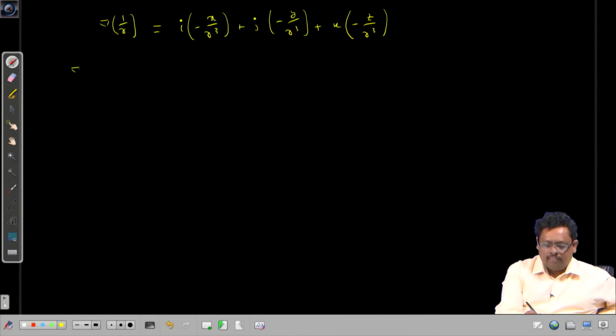So, del square of 1 upon r is nothing but the divergence of grad of 1 upon r.